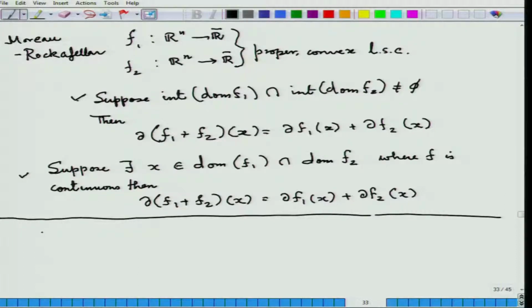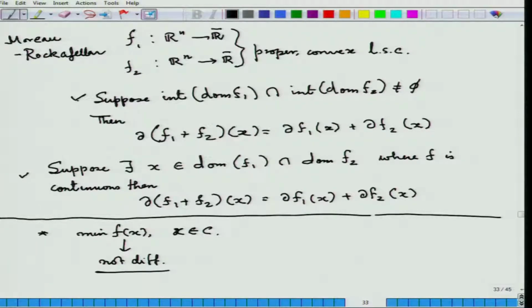We have been looking at the following fact: I have a convex function f x to be minimized, and x belongs to C. I want to find a necessary and sufficient optimality condition when f is no longer differentiable.